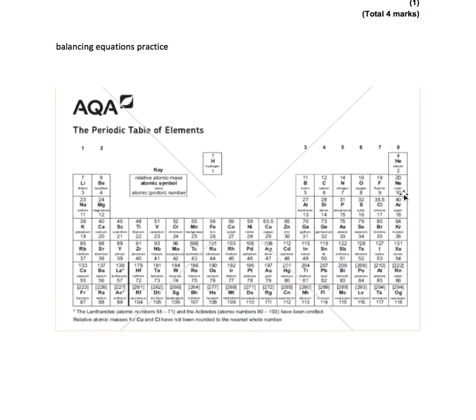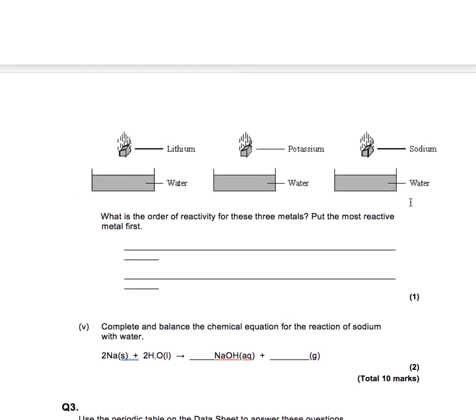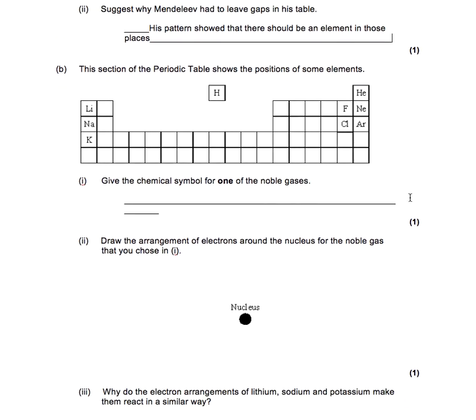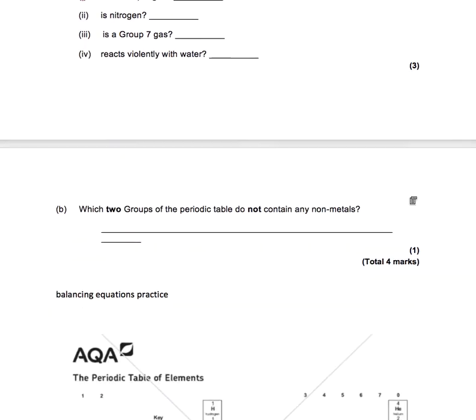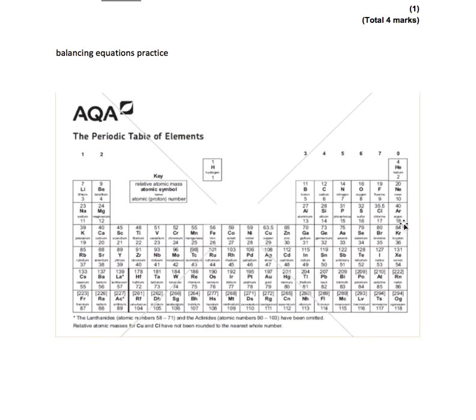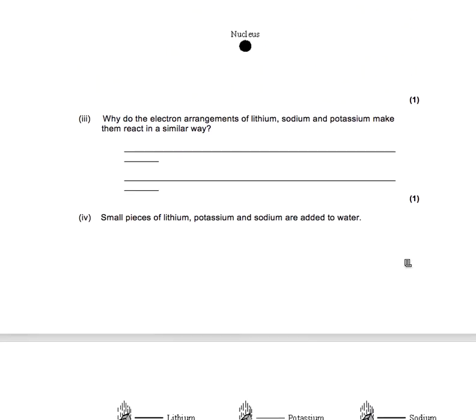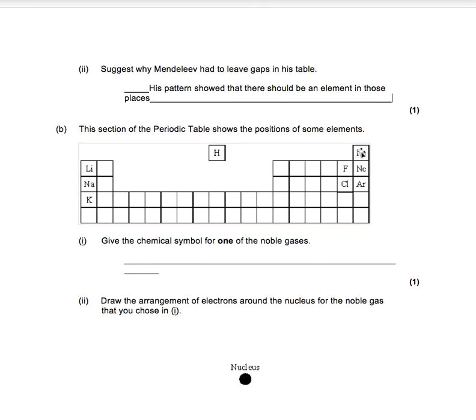Because you have 10 protons, therefore 10 electrons, so there will be 2 in the first shell, 8 in the second. Was it argon the next one? Argon, yes. So argon would be 2, 8, 8. So whichever one you chose, it's either 2, 2, 8, or 2, 8, 8.